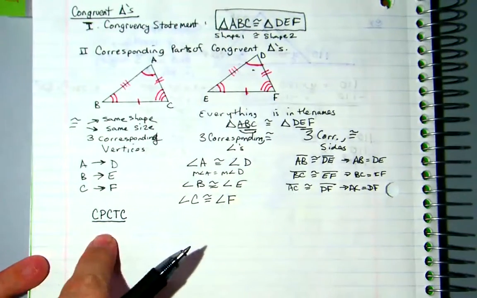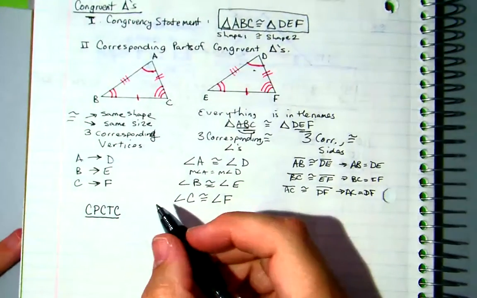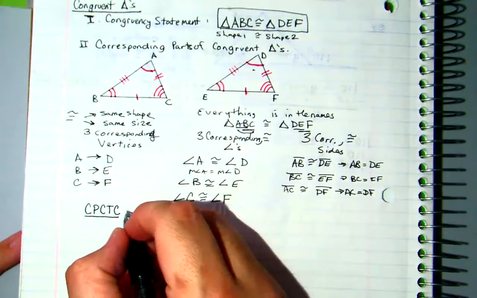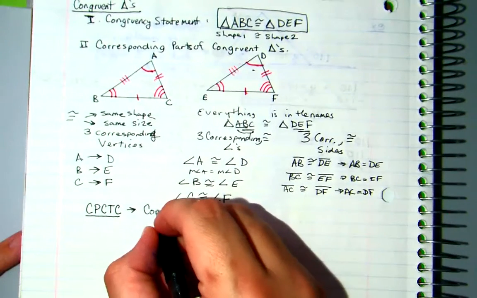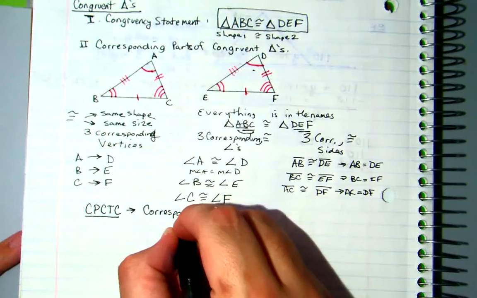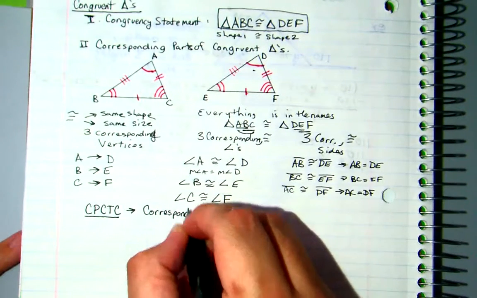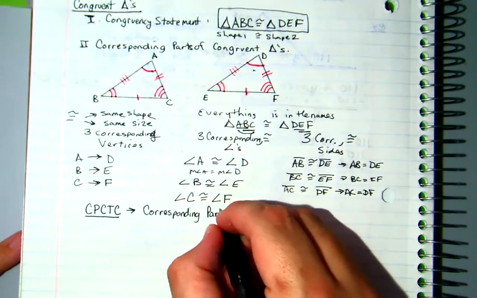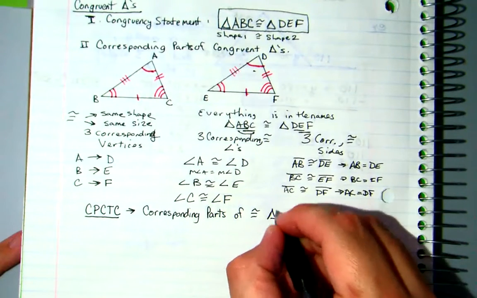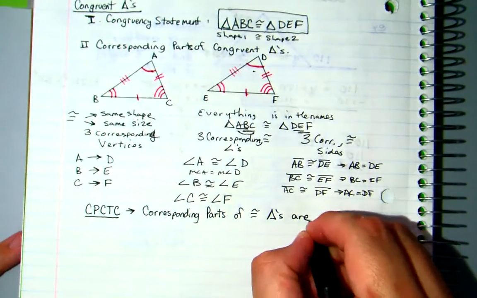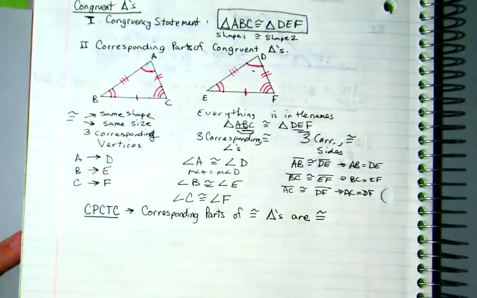This is your friend, CPCTC. Corresponding parts of congruent triangles are congruent.